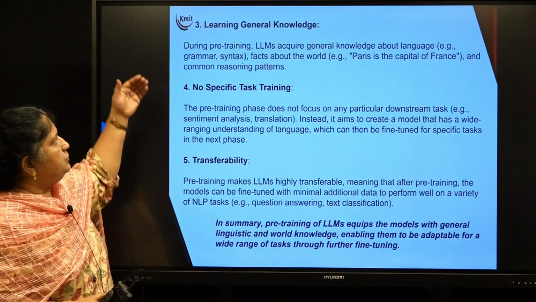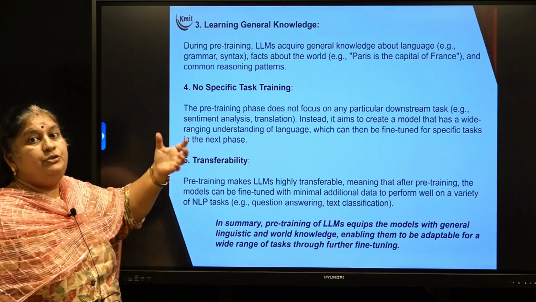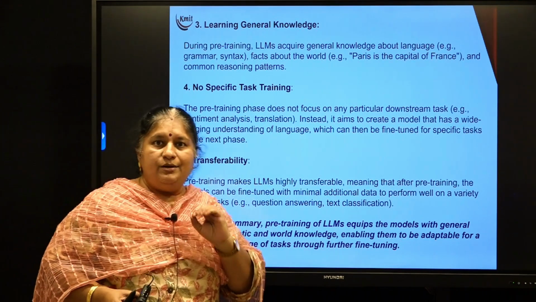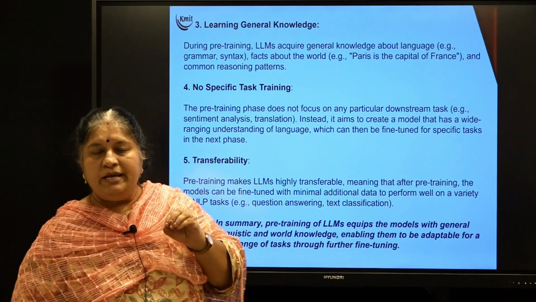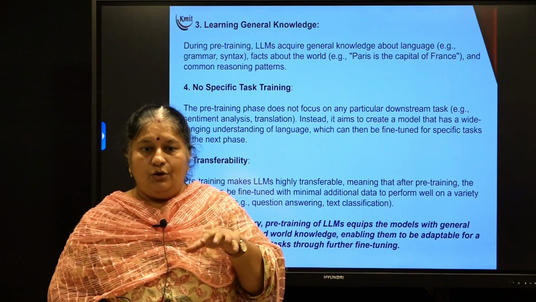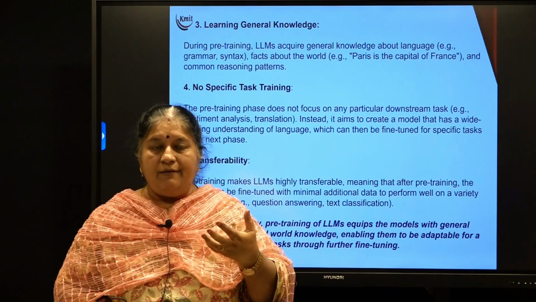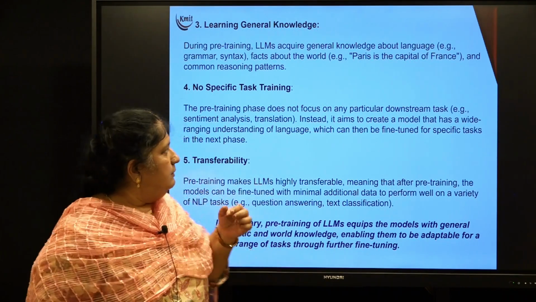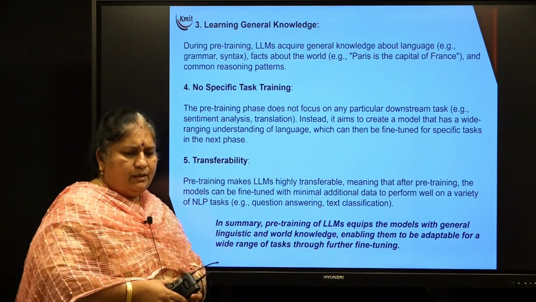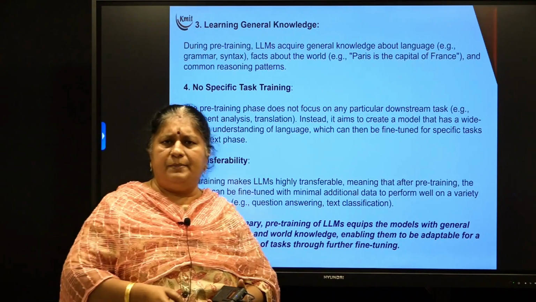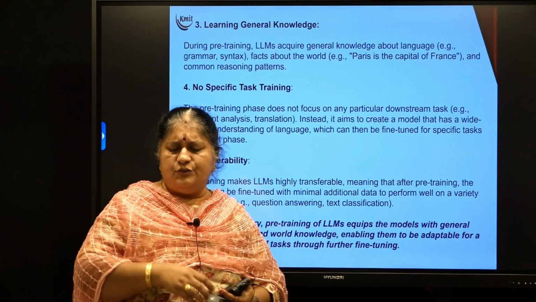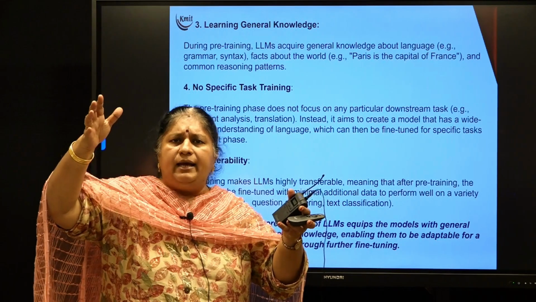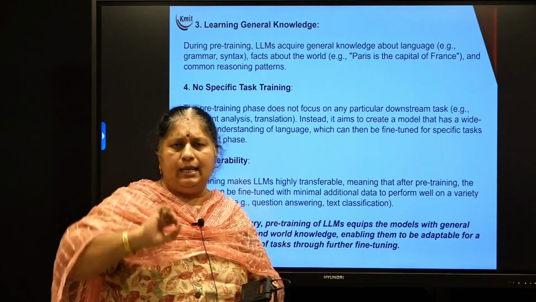Then it is trying to learn general knowledge. It's very interesting. Not only you are making it learn the language, you are trying to make it have general knowledge in the language. What do I mean by this? Whenever you are trying to give it the geographical information of a particular country or geographical information of an entire world, you have fed to the LLM.